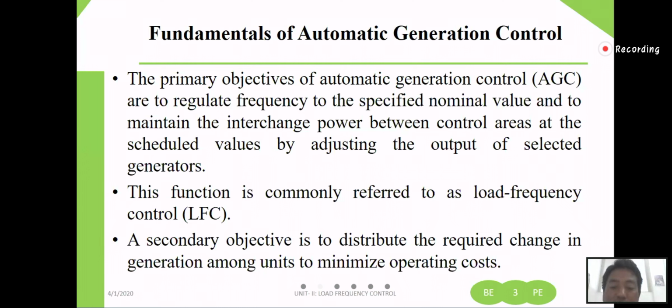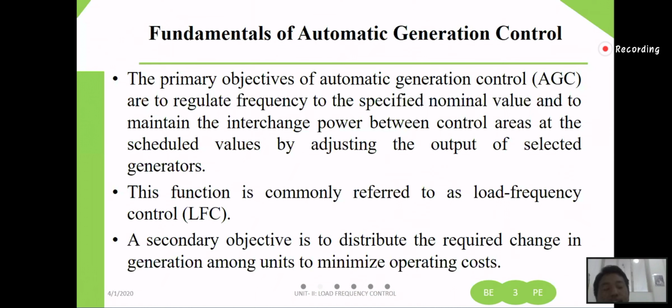We will just employ it in 1 or 2 units, which means this one unit can be allocated to respond to the change in load. Okay, so that will minimize the operating cost. If you employ it in all, there will be a huge operating cost. So one generator can be specified so that we can employ the automatic generation control. Okay, so this is the secondary objective.